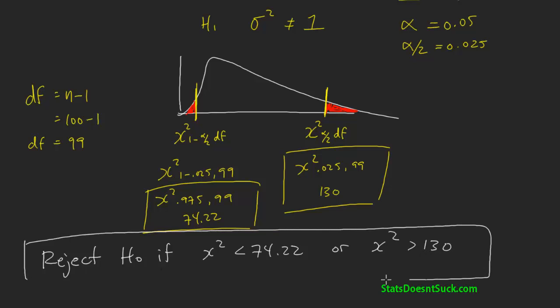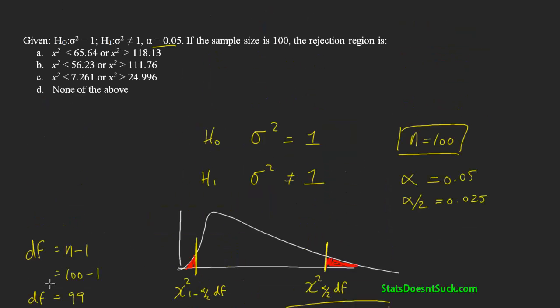So I'll need to see if that shows up as one of the possible answers. Okay, so I don't see any of these, so it's going to have to be none of the above. So the correct answer here is D.